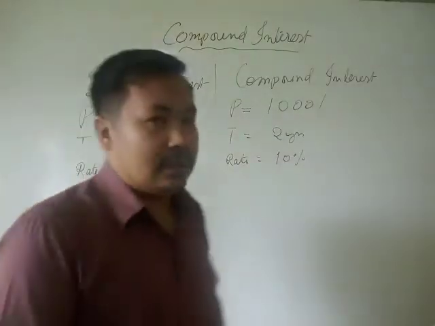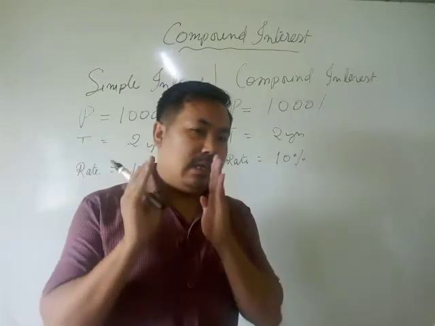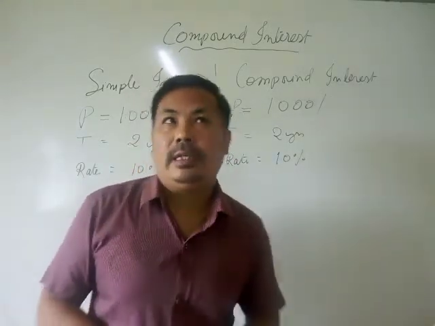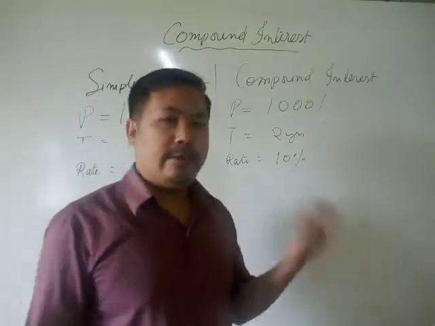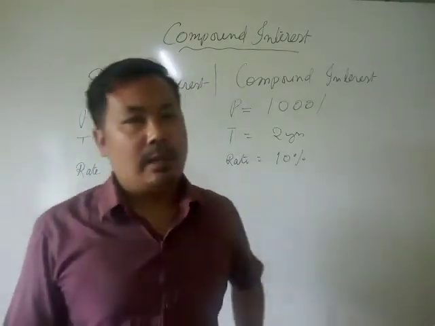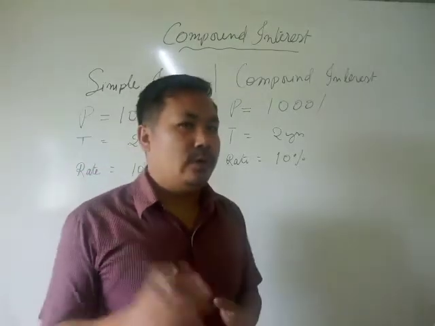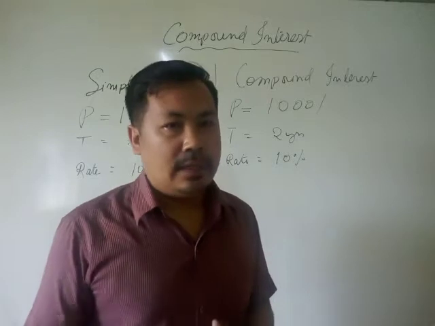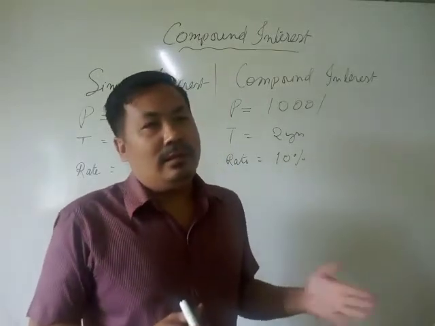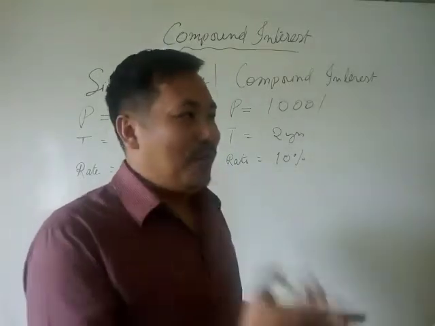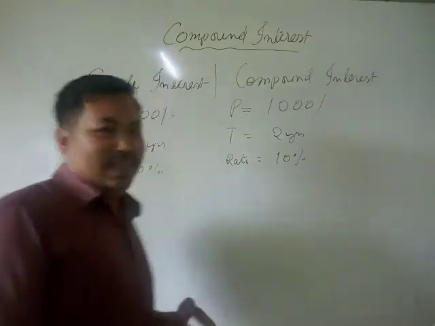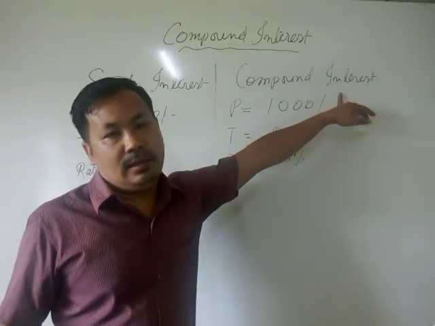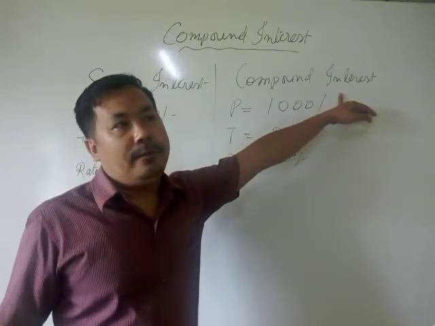Okay, my dear students, just before we start, I want to clear one more point here. Let us take this example to clear a little more about the difference between the simple interest and compound interest. Let us think that you and your friend are borrowing the same money, 1,000, from a person, and the person is saying that you must give simple interest, and your friend is borrowing the money with the compound interest.